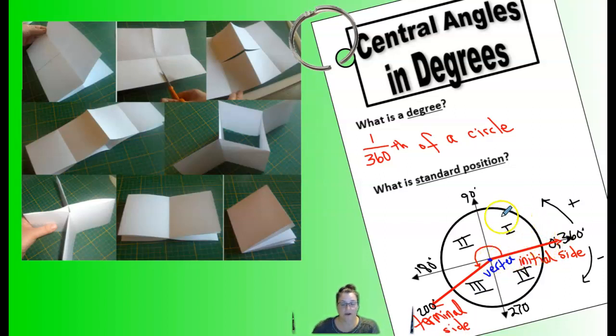Then you can move your angles clockwise or counterclockwise. Counterclockwise movement is a positive angle, clockwise movement is a negative angle, and it's the terminal side that determines the measure of the angle. Okay, so that's what it means to be a central angle in standard position.